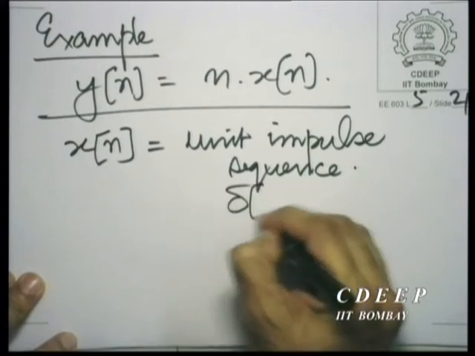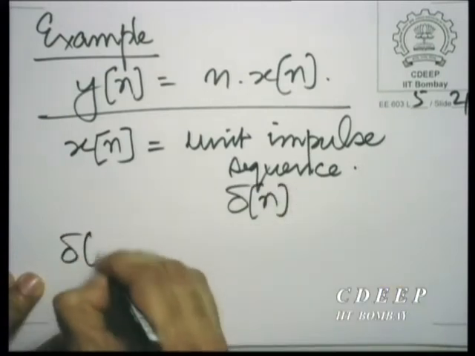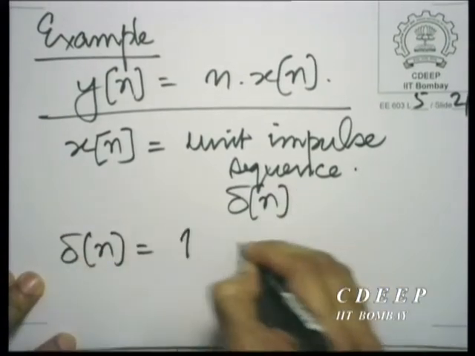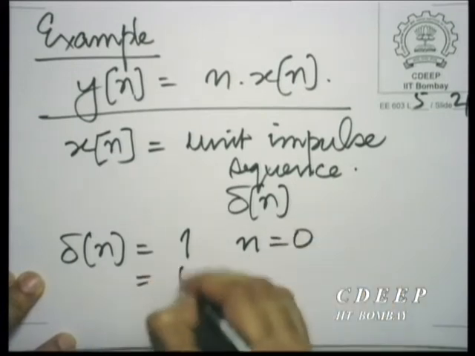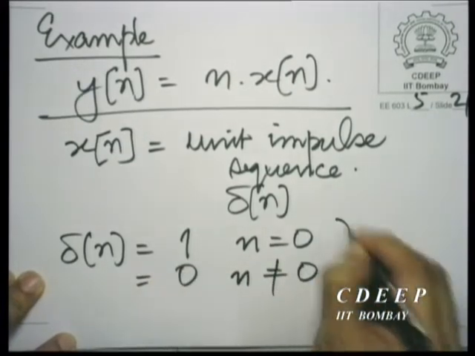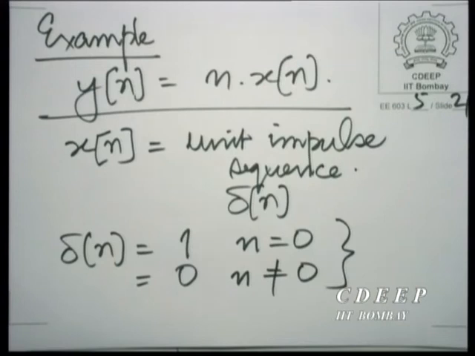We will denote it by delta n, and this sequence is 1 for n equal to 0 and 0 for n not equal to 0. So, it is 1 only at one place, it is 1 at n equal to 0 and it is 0 everywhere else. Now, I encourage you to work out what happens when this input is shifted by 3 samples forward.